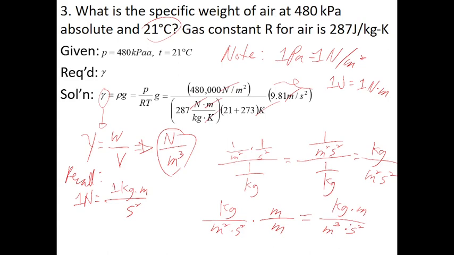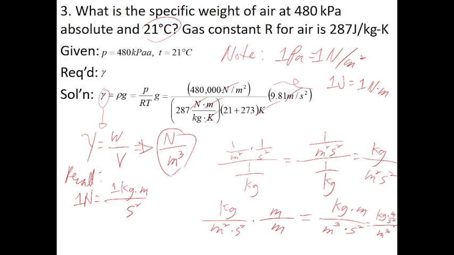Tapos, I can rewrite, no? Itong kilogram meter, tapos meron doon second squared, pwede ko siyang ilagay sa numerator. Kilogram meter per second squared. Imbis na nandito siya, pwede nandito sa numerator na nasa denominator. Tapos, nasa ibaba ng meter, meter over second squared. Then, cubic meter.